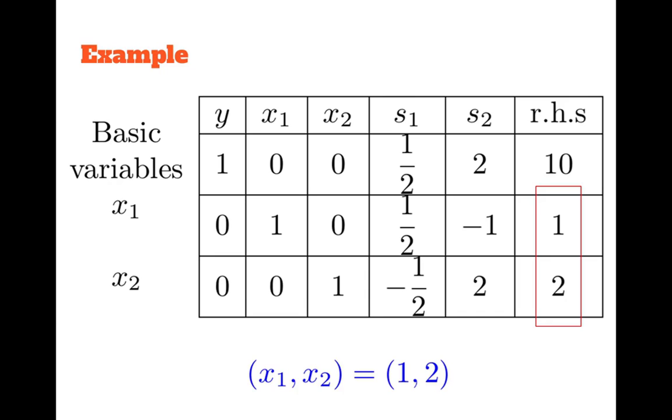And by applying Gaussian elimination again, we can transform the column x2 into the column vector 0, 0, and 1. And we also change the s2 in the basic variable column into x2, and we finish the algorithm with the optimal solution 1 and 2.